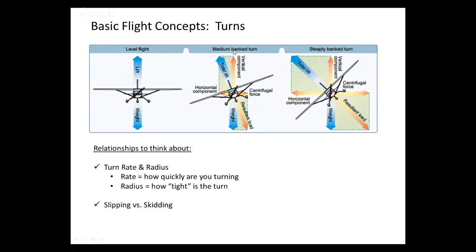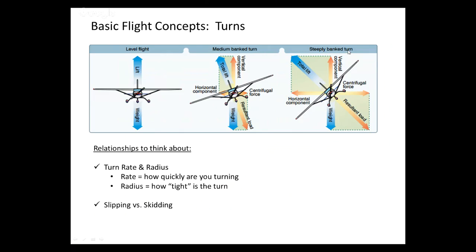As you enter a turn, the lift and the weight forces break out into individual components, and each one has two components. And as you get to a steep bank turn, each of these components is, I'll say, very pronounced. Very definable. And I'm going to go through them here real quick.